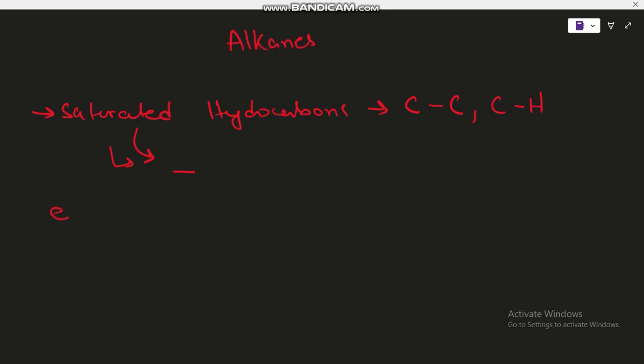If I draw a structure for an alkane, it's going to look something like this. This is CH4, which is methane, and part of the alkane series. So this is a basic structure of an alkane.